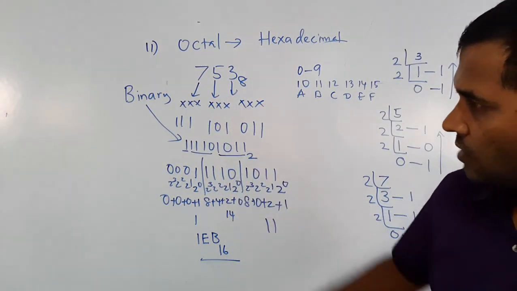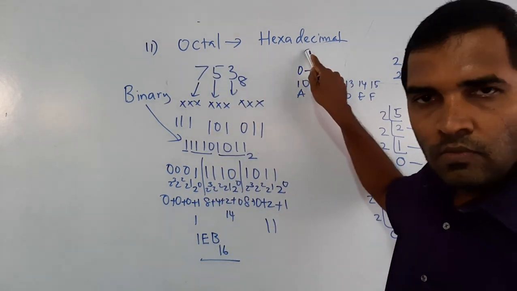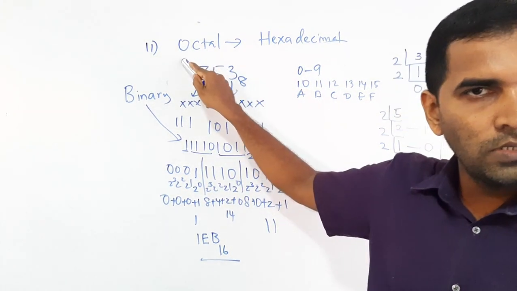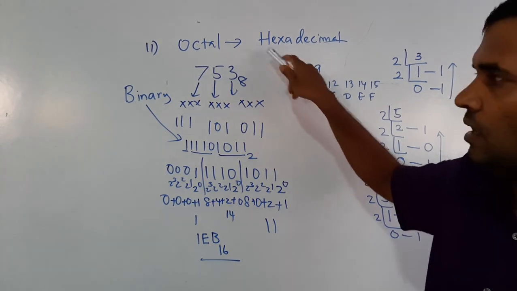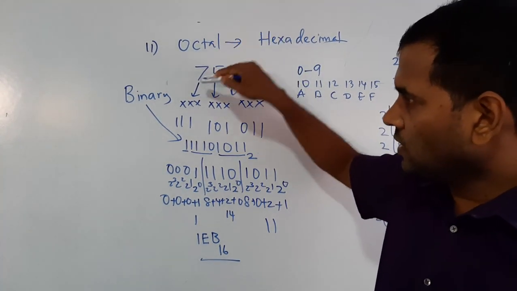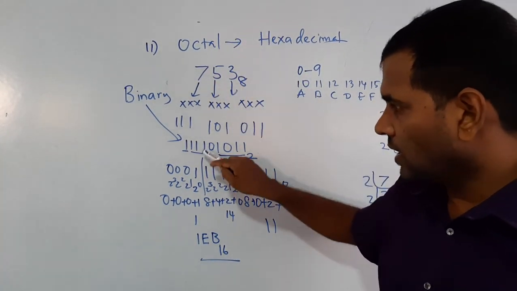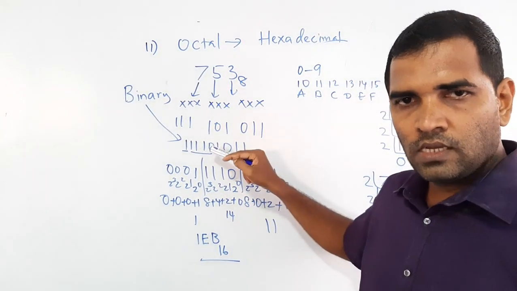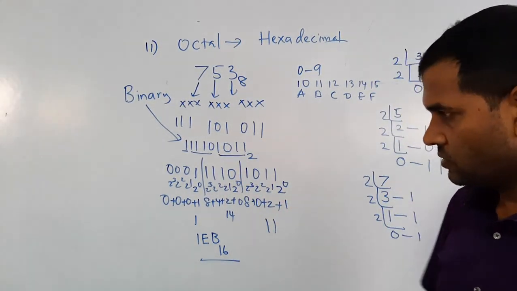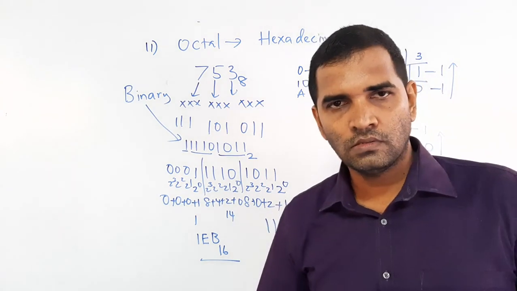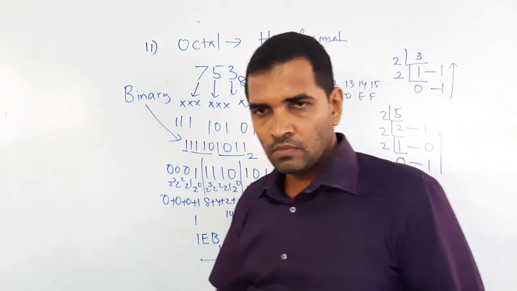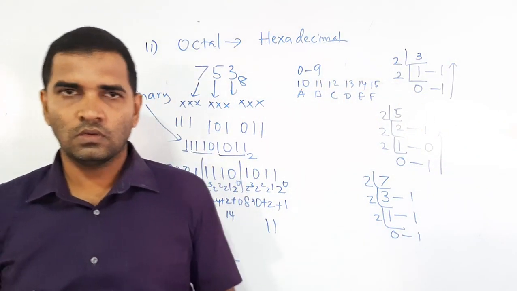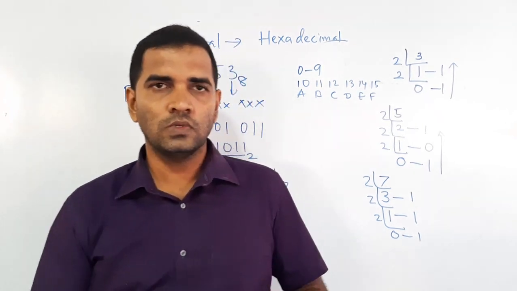So let's take the method again. There is no direct method for converting an octal number to hexadecimal. First of all, I converted this octal number to binary, and after that, that binary was converted into hexadecimal. This is simple because these conversions are familiar to you, as we already studied.